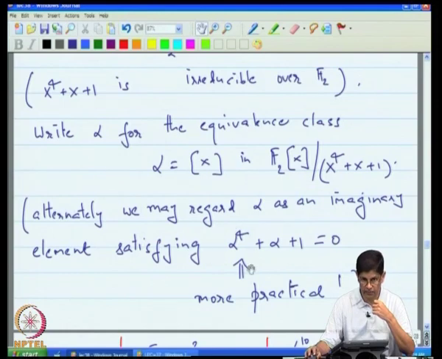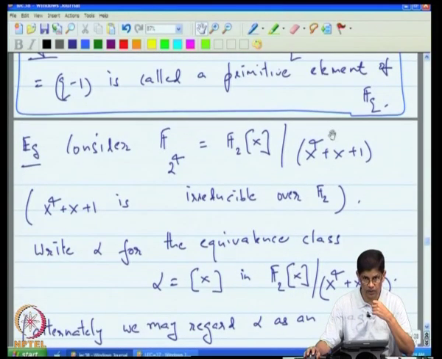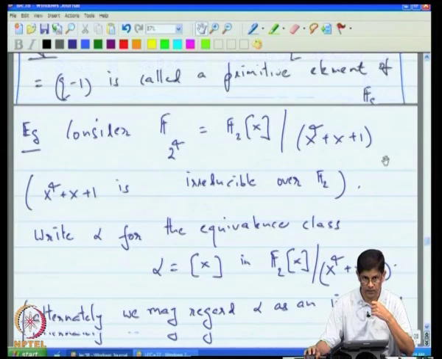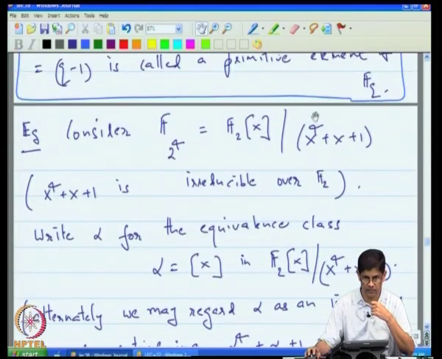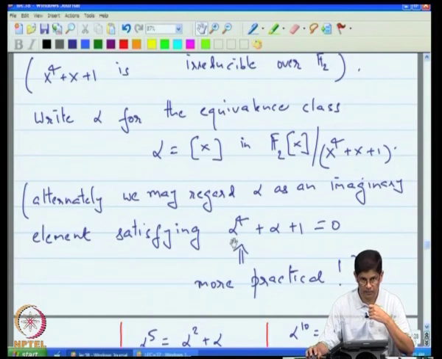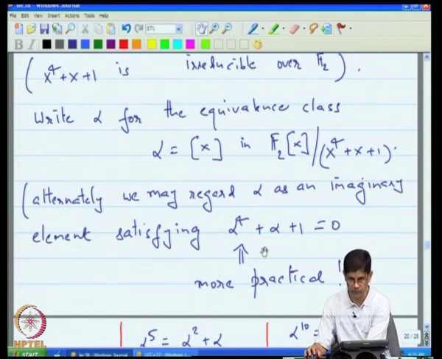If you keep this in mind, then you do not have to keep carrying this around, because your element alpha has in a sense the condition that you are doing arithmetic modulo x^4 plus x plus 1 built in, because alpha^4 plus alpha plus 1 equals 0.